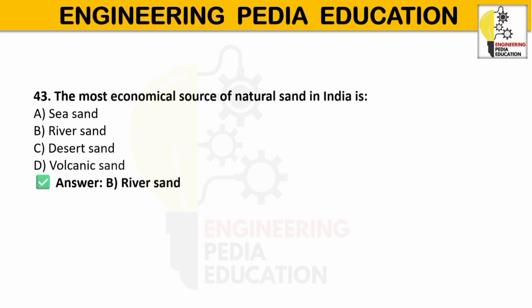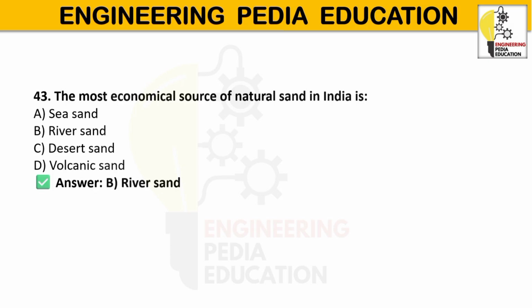Clean and durable, rounded and smooth particles, good workability in concrete, commonly used in concrete, mortar and plastering. Easy to mix and place, requires less water than angular sand, suitable for most construction work. Excess mining can cause environmental damage. Quality may vary depending on the source.